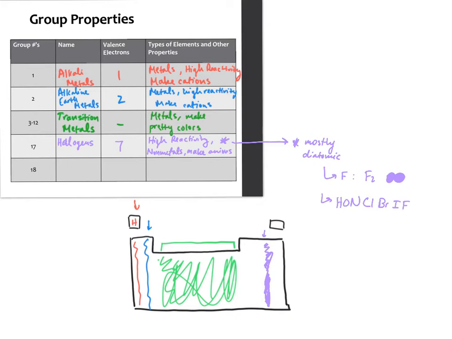I'm trying to take down Mr. Balance's evil propaganda right here. Honkel Brif. So hydrogen, oxygen, nitrogen, chlorine, bromine, iodine, and fluorine. So all of these here are the diatomic elements. That means they occur in nature as 2 atoms together of the same element, diatomic. Alright, so that's group 17, the halogens.